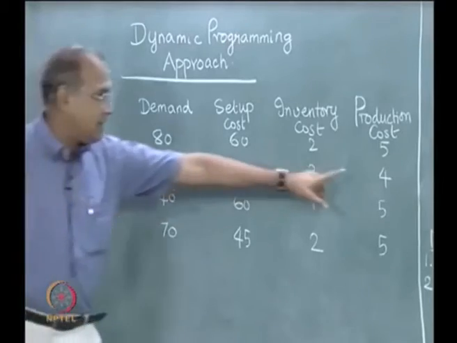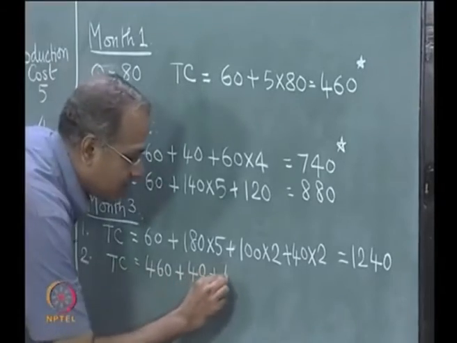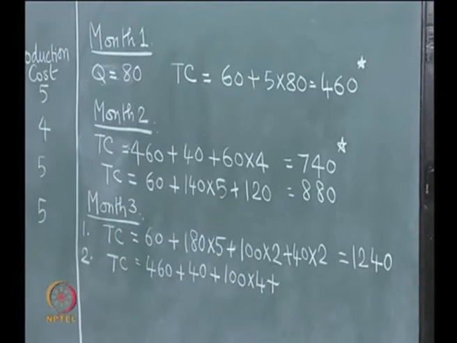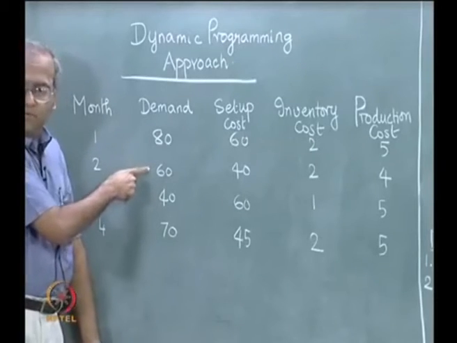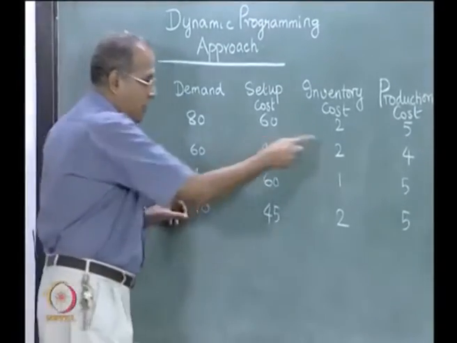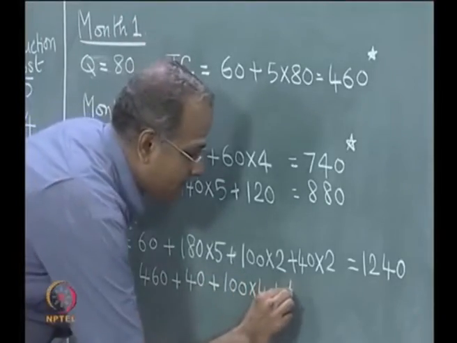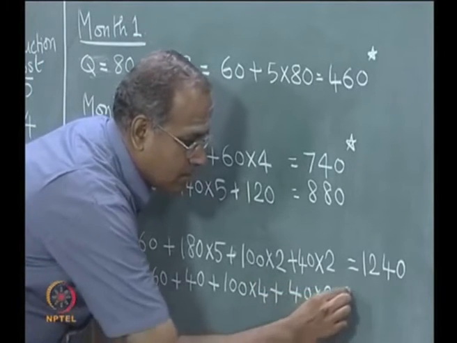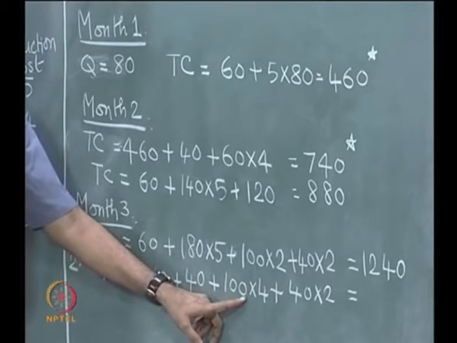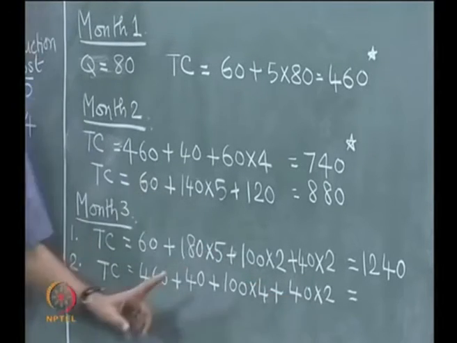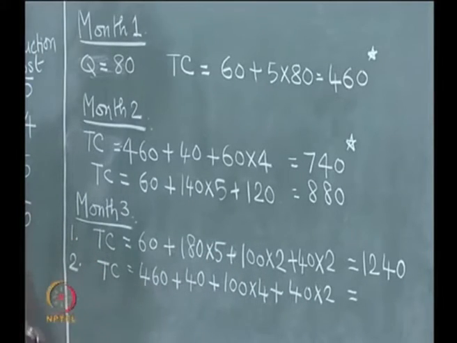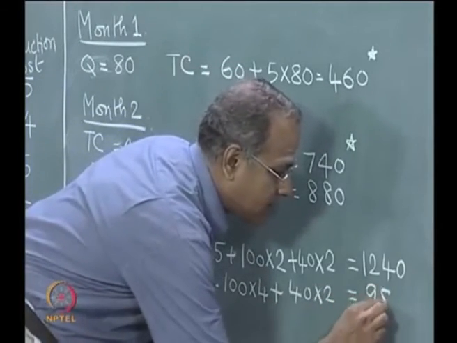So, 100 into 4, 400, plus, now this 100 is produced in the second month, but 40 is carried to the third month. So, there is an inventory cost of 40 into 2. Now, this gives us a total cost of 100 into 4, 400, 480, 520, 580 plus 400 is 980.